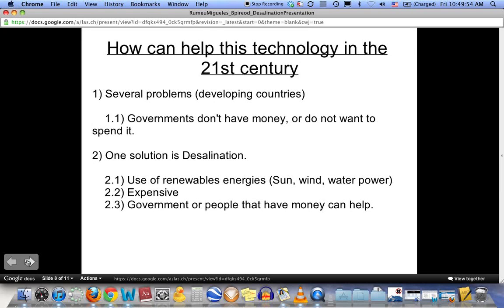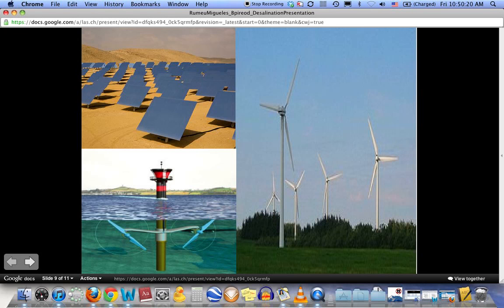For that, the government can help, realizing that it's a good process to do, or people like us, for example, we could help and give them money so that they could have these renewable energies.